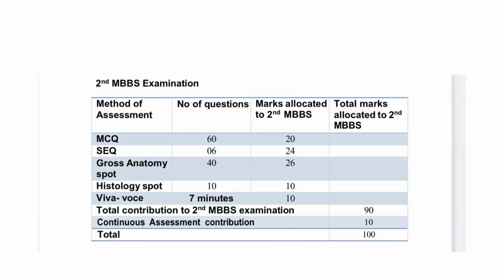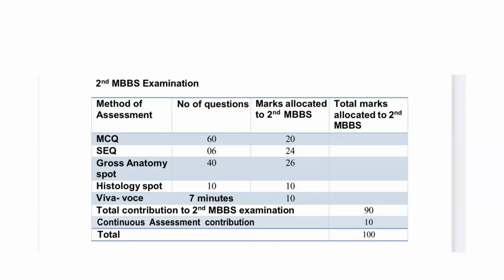So remember, if you have 60 MCQs, and they are giving 2 hours to complete this task, then you only have 2 minutes per MCQ. So within that 2 minutes, you have to mark whether it's true or false and move to the next MCQ.